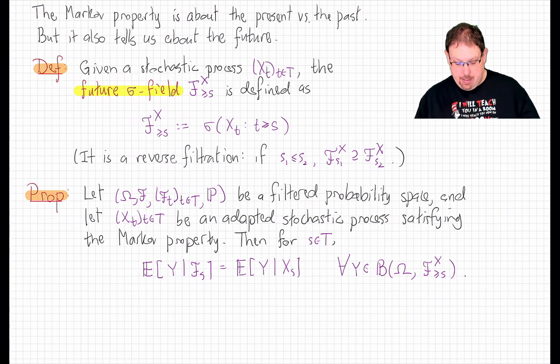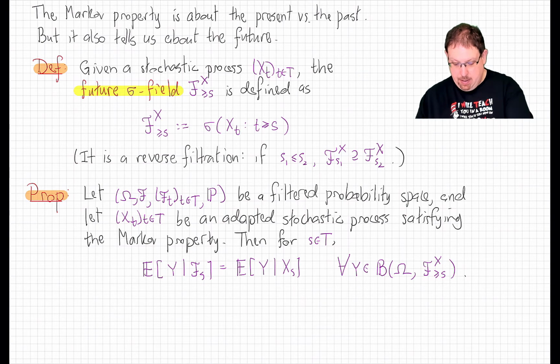Suppose we have a process which satisfies the Markov property, then if I take any bounded random variable measurable with respect to the future sigma field of that process, the conditional expectation of that random variable on the sigma field up to time s is the same as the conditional expectation of that random variable onto the variable Xs. The future only depends on the past through the present. We're going to take a couple of slides to prove this.